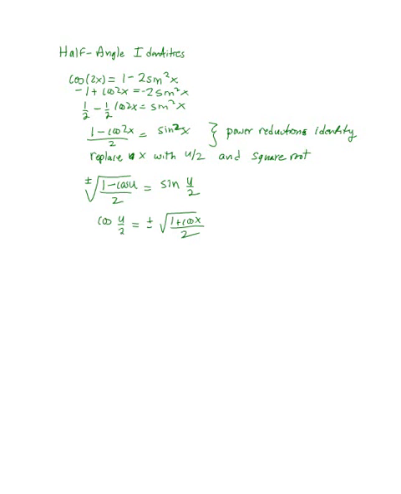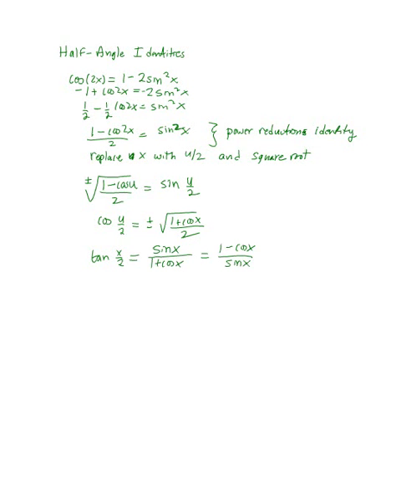And then you can work it out. Again, this is shown in your book. I'm just going to write this down. Tangent of x over 2 can be written a couple different ways. It can be written as sine x over 1 plus cosine x. And it can also be written as 1 minus cosine x over sine x. Okay, so there's a couple identities for that.